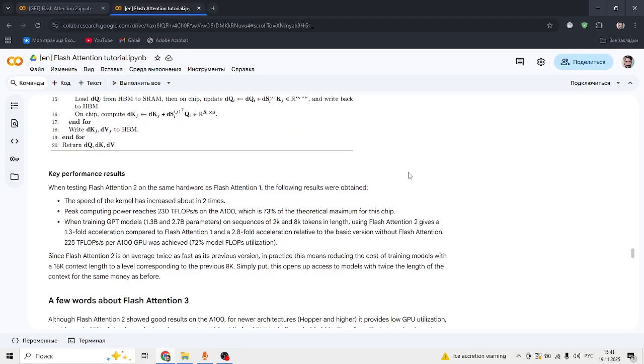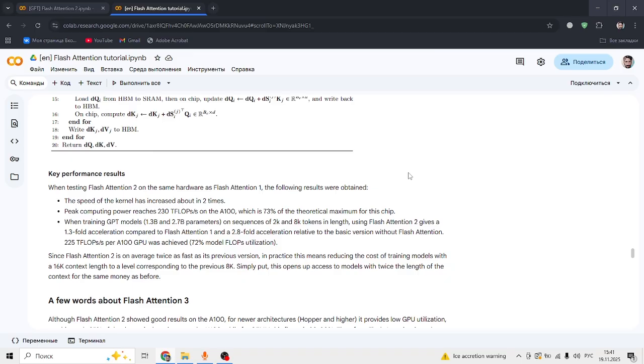And all of these improvements have led to processing a sequence length of 16K for the cost of 8K.